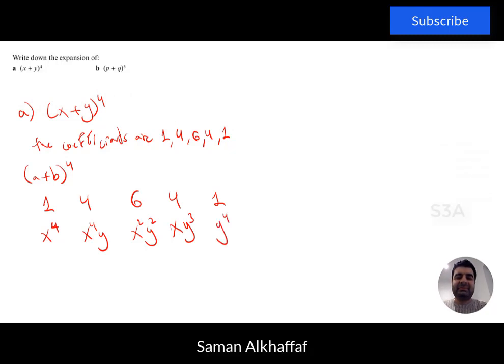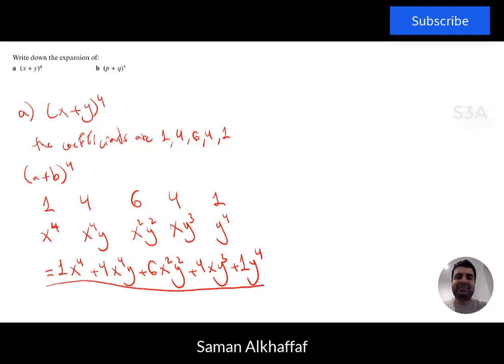So we would have the answer being 1x to the power 4 plus 4x cubed y plus 6x squared y squared plus 4xy cubed plus 1y to the power 4. And this will be our answer for this question.